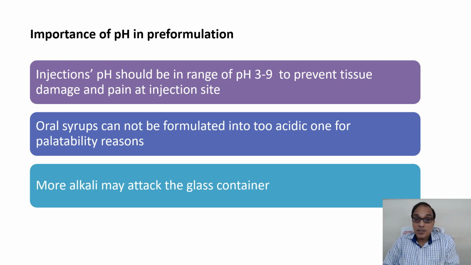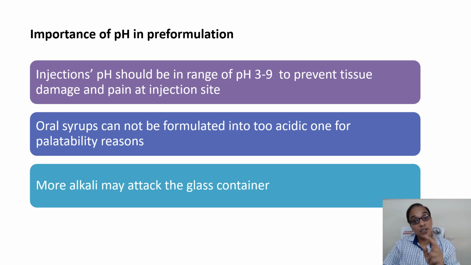So what is the importance of pH in pre-formulation? Injections should be in the range of pH 3 to 9 to prevent tissue damage and pain at the injection site. Oral solutions cannot be formulated at too acidic a pH for palatability reasons, and more alkali content may attack the glass container.